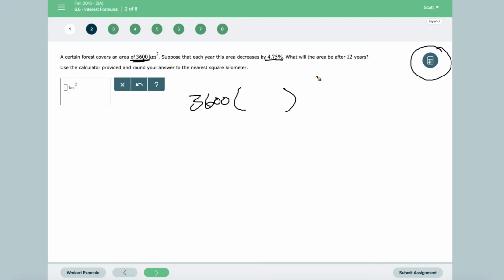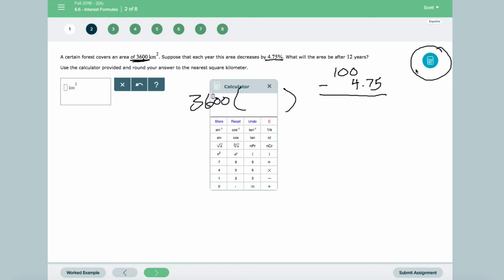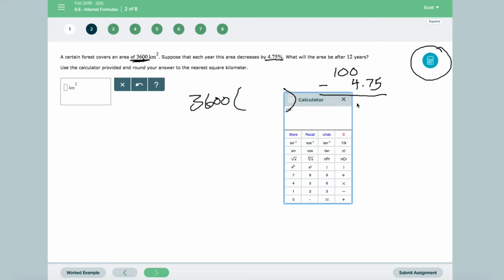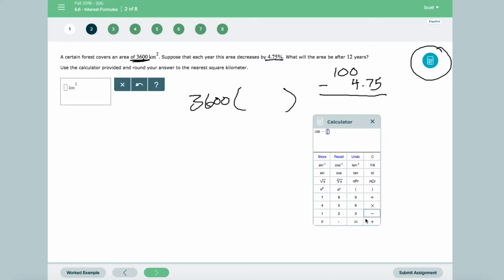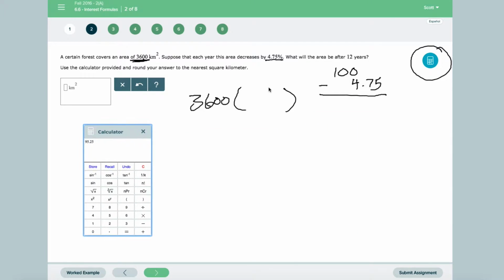So we take 100% minus 4.75, and I'm just going to use the calculator. 100 minus 4.75, and we get 95.25.